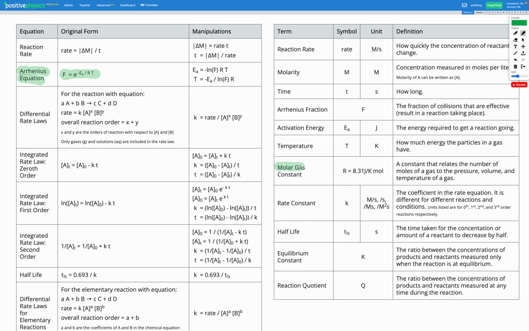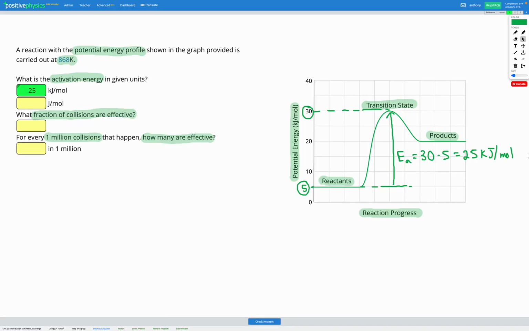And remember, the molar gas constant, R, is 8.31 joules per Kelvin mole.